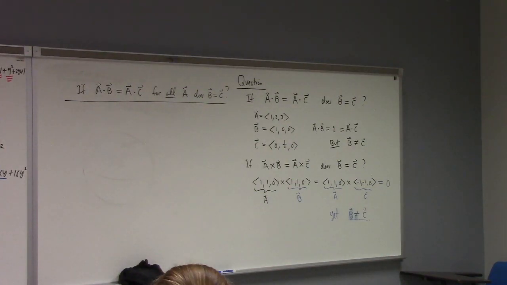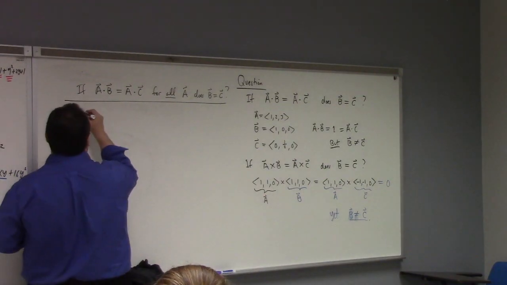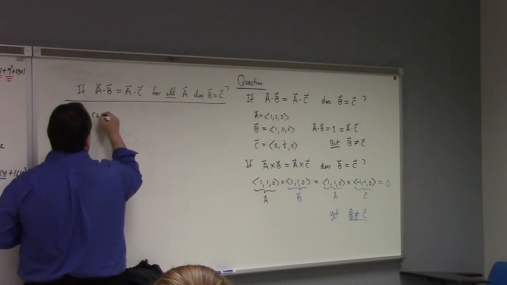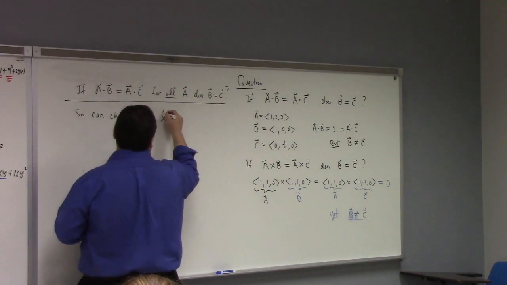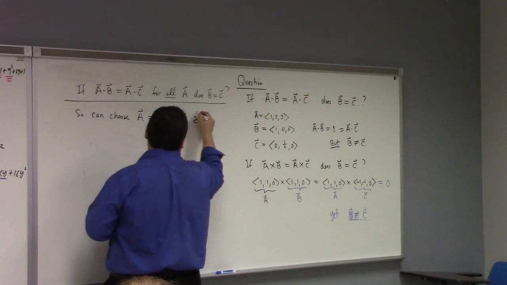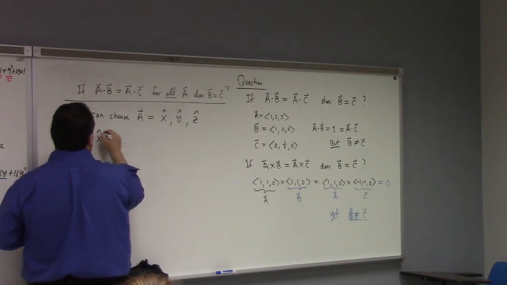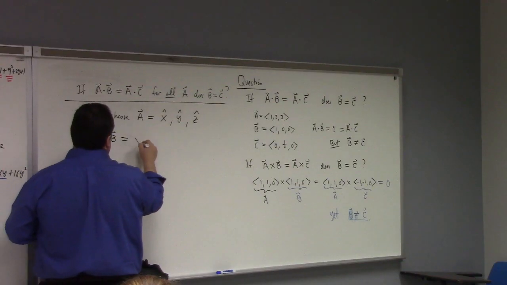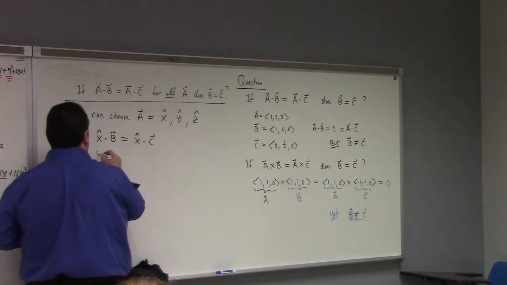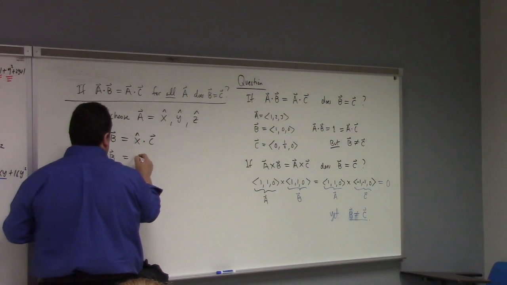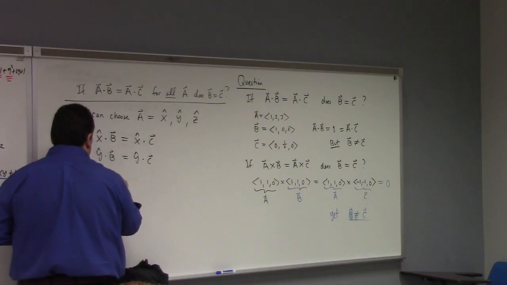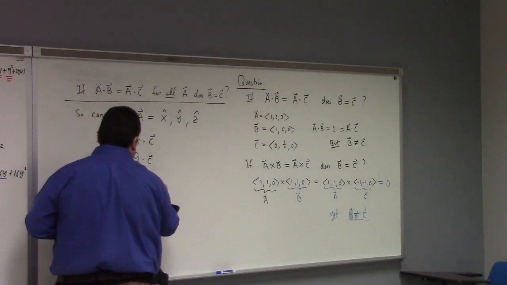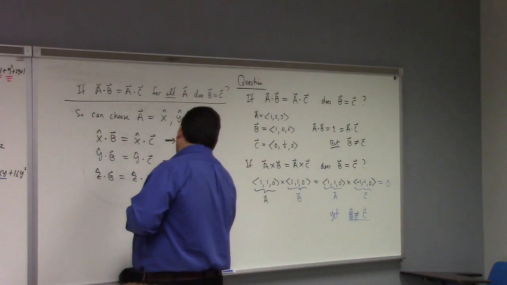How about this? If it's true for all A, what are the three most important vectors that we can think about? We can choose A equal to what? We can use x hat, we can use y hat, we can use z hat, right? So we have x hat dot B is equal to x hat dot C, and we have y hat dot B is equal to y hat dot C, and we have z hat dot B is equal to z hat dot C. But what do these three equations tell us?